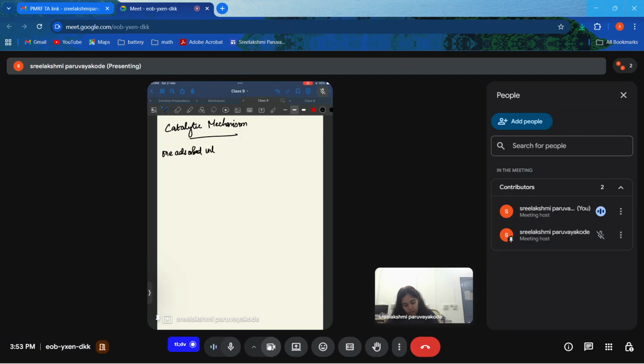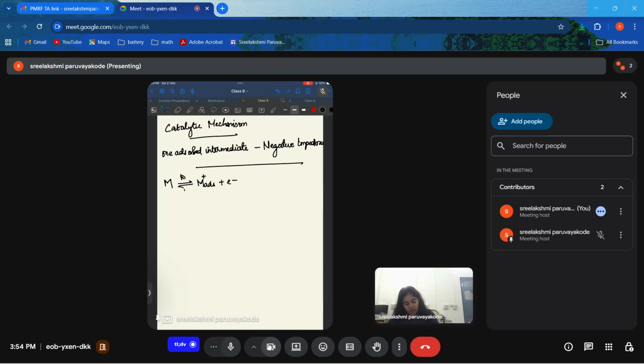One adsorbed intermediate. It's negative impedance. So let's write down the mechanism. It's a metal M. First step, it forms an M adsorb with the release of an electron.